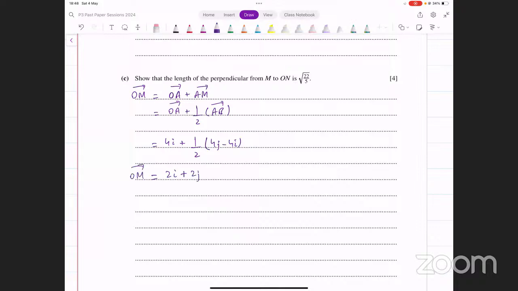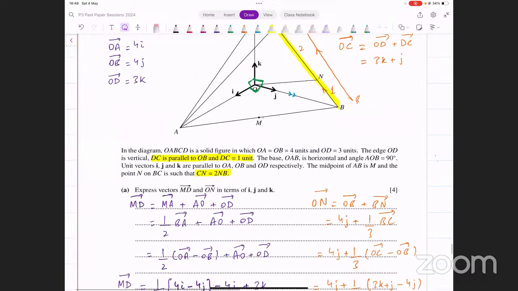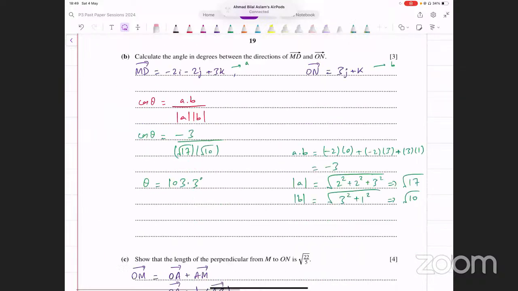A direct way of doing this could be, since M is the midpoint of A and B, you could use the midpoint formula as well here. Let's see what that gives us.